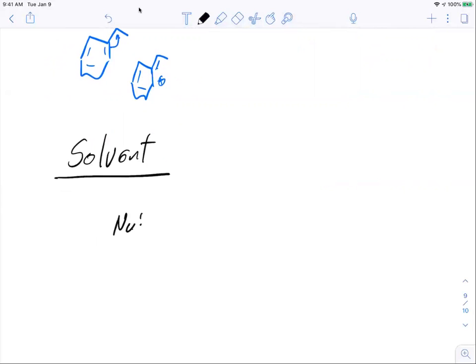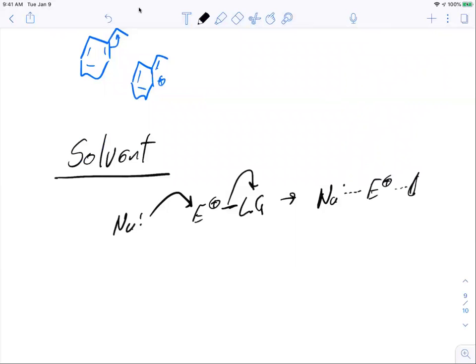So the nucleophile attacks the electrophile, the leaving group leaves, and my transition state is polarized: partial negative, partial positive.